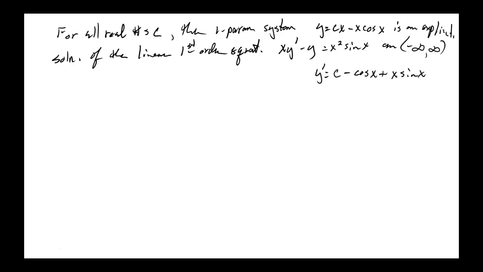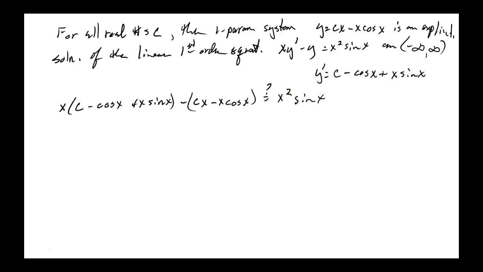Now, let's see if that makes it work. x times the first derivative, which would be c minus cosine x plus x sine x, minus y, which is cx minus x cosine x. The question is, is that equal to x squared sine x?